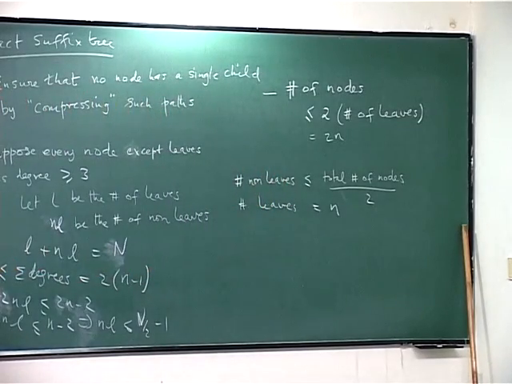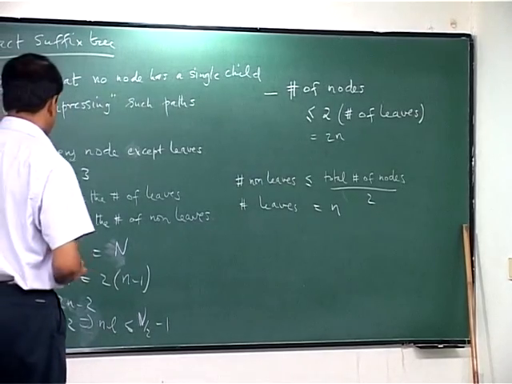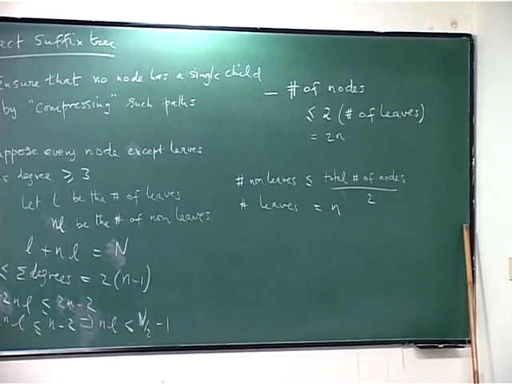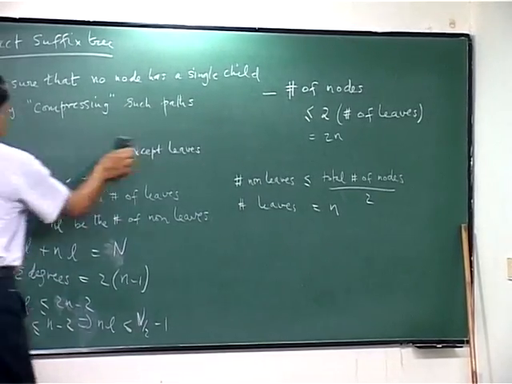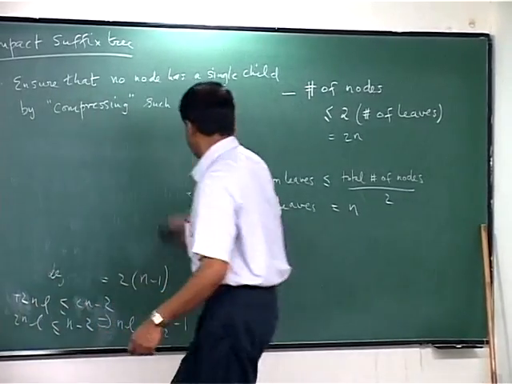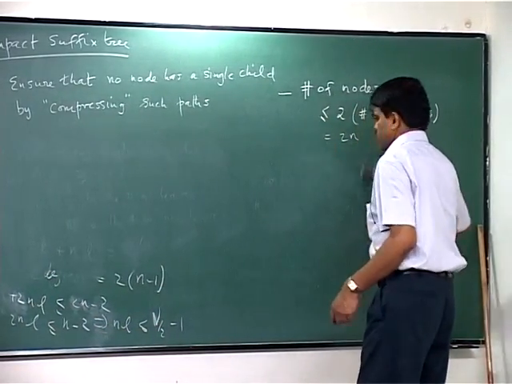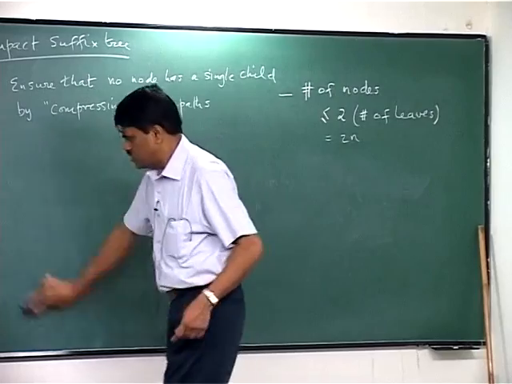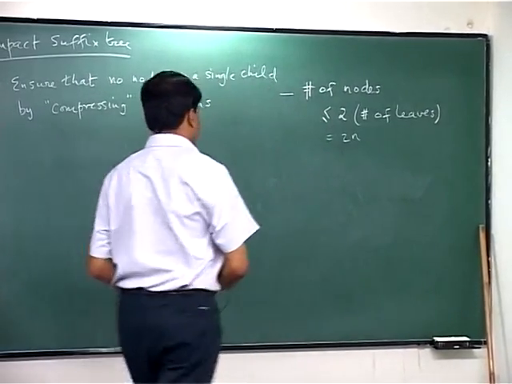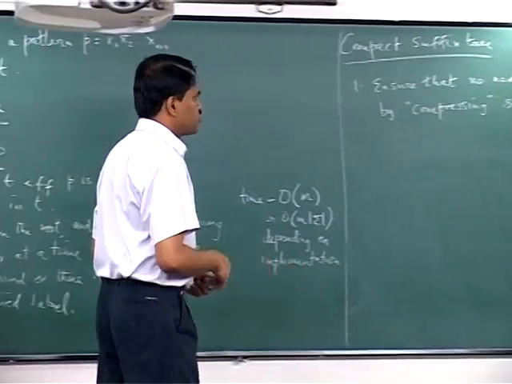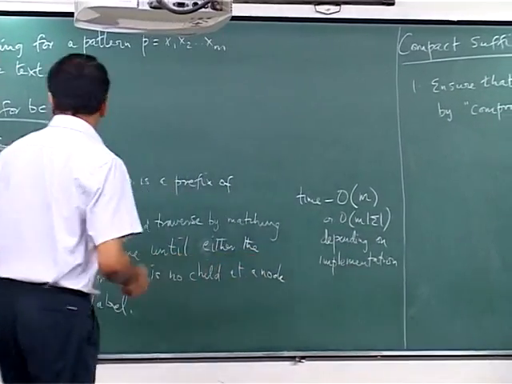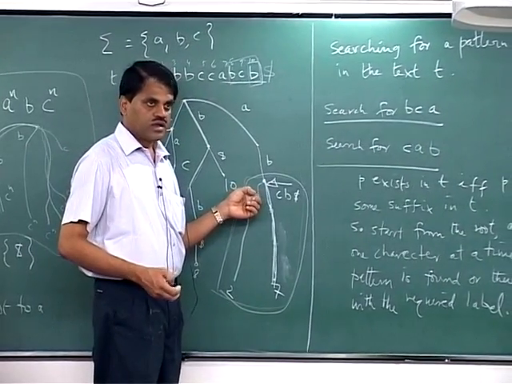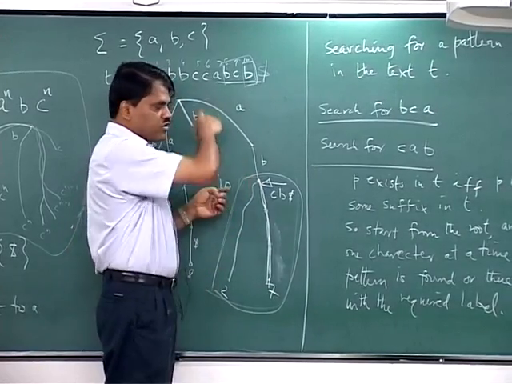So this is the thing which we achieved by doing this compression. The total number of nodes is at most 2n, which means, for example, that finding all occurrences of the pattern can be done after you come here.